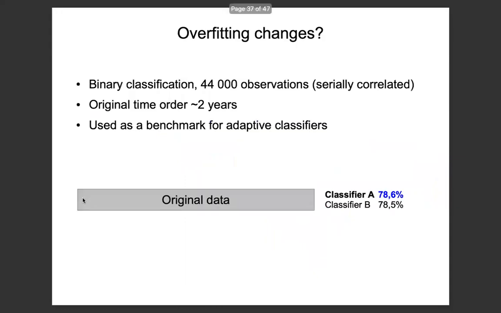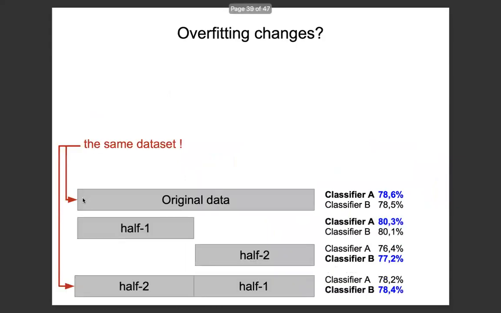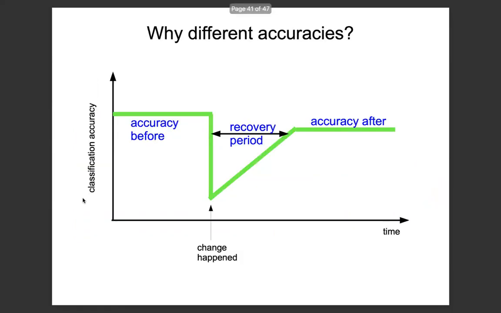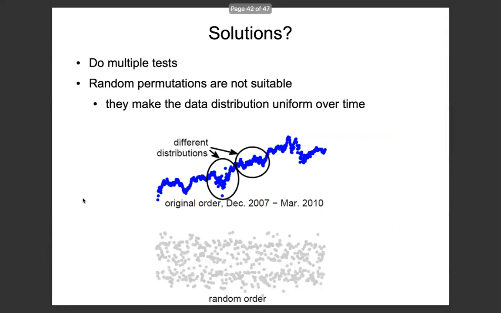An illustrative example here, very quickly, shows that different classifiers might perform differently on different portions of data and different configurations. I'm skipping this, but it is just to illustrate the point that the testing of adaptation depends on where and how changes are configured in time.